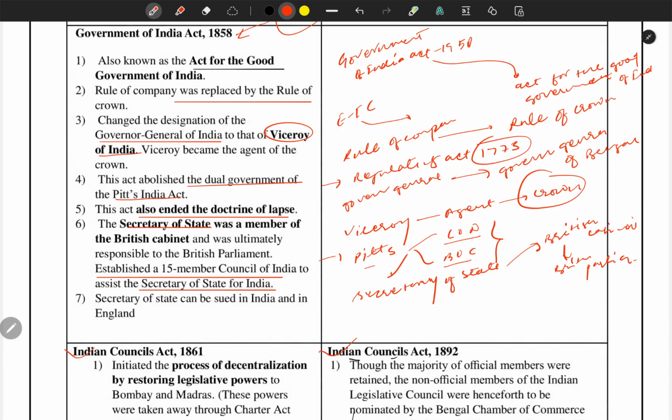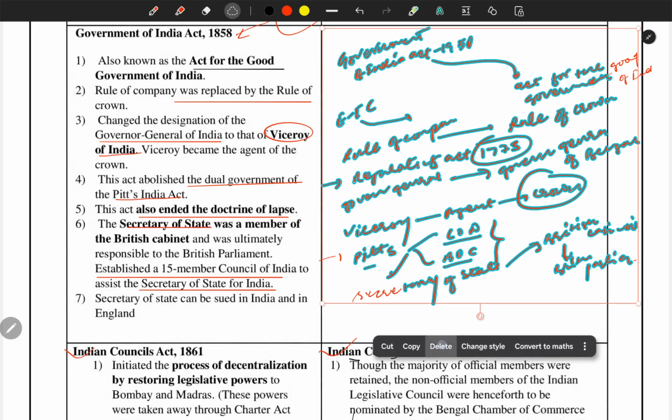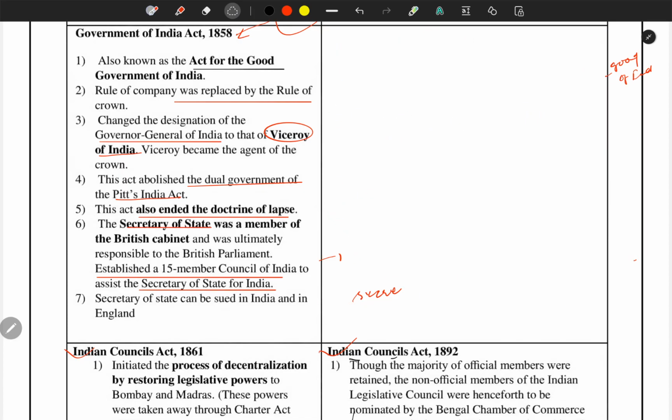So what it did, basically, is that the Government of India Act of 1858 introduced the Secretary of State. He was a member of the British cabinet and ultimately responsible to the British Parliament as well.